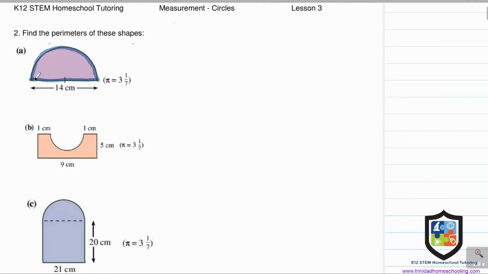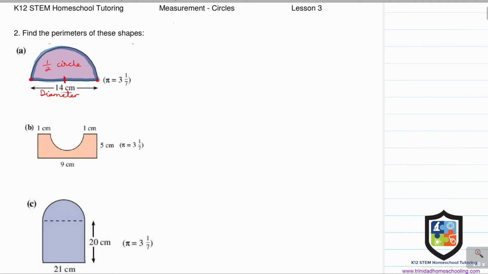Okay, now this line at the bottom here touches one end of the curved part, passes through the center, and touches the opposite end on the curved part. We could call this line the diameter. Okay, so they gave us the diameter. Now this is not a whole circle, this is half of a circle, okay, or a semicircle.